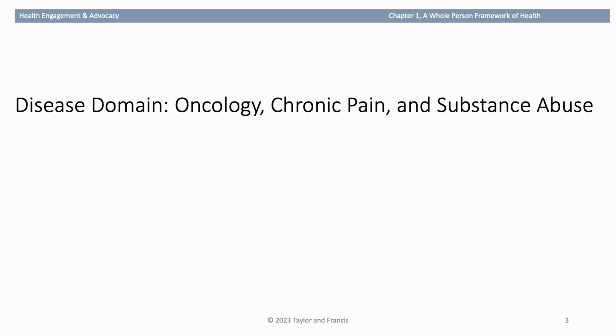For this one, the first one is titled Disease Domain, Oncology, Chronic Pain, and Chronic Substance Abuse. This one will utilize the attached PDF on the engagement and advocacy assignment. You should see a PDF document and you'll refer to that for doing this disease domain activity.